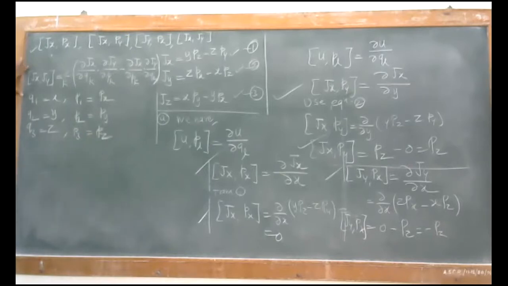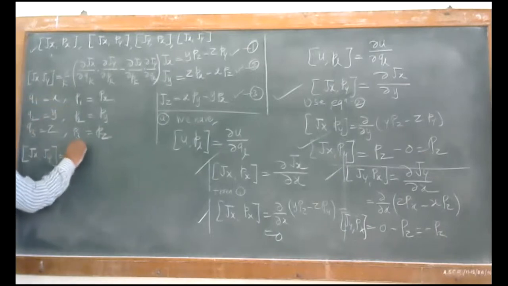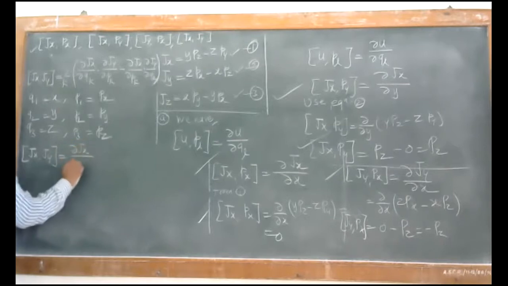Now just look at your conditions. So I write the Poisson bracket {Jx, Jy} is equal to, using the first condition now, with respect to this q1, p1. So I'll write ∂Jx/∂q1.